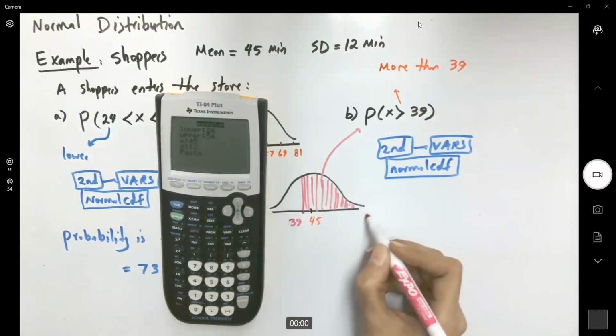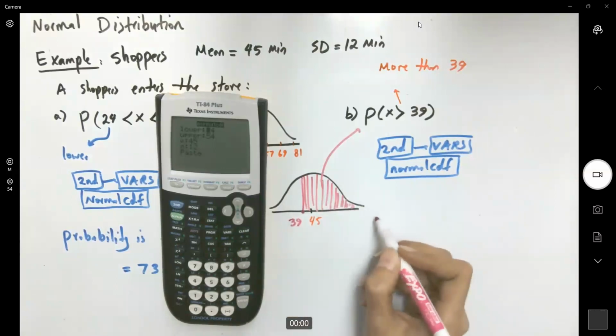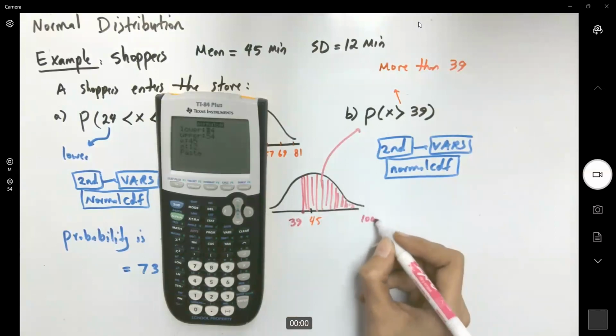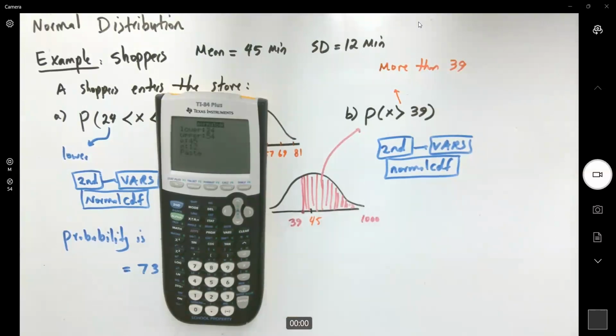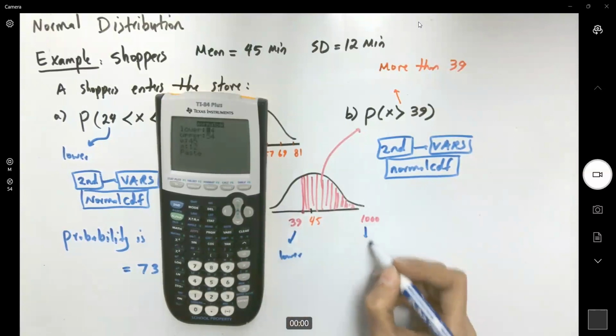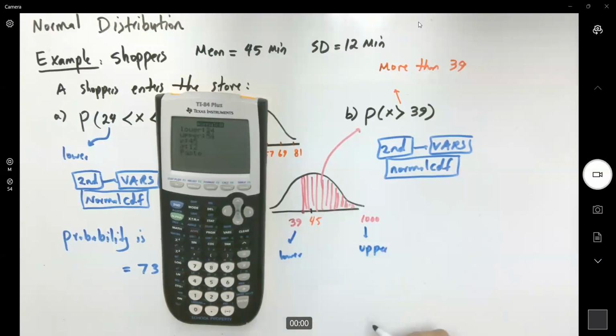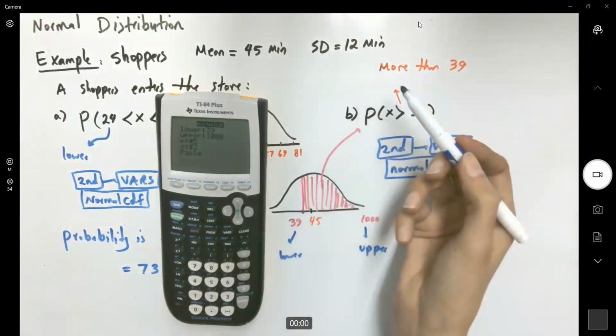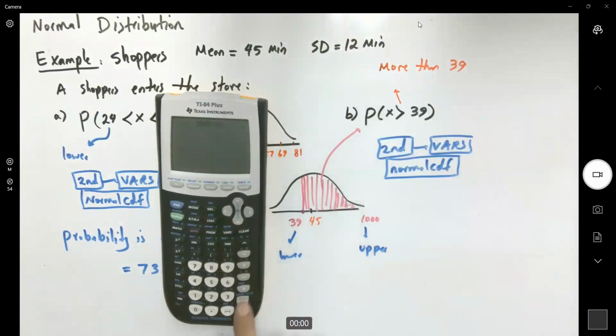What is the upper limit? Upper limit is a positive number, large number, like 100, like 1,000. The lower limit is 39 and the upper limit is 1,000. Mean stays the same, 45 minutes. Standard deviation is also the same, 12 minutes. Let's do the calculation and check the probability.